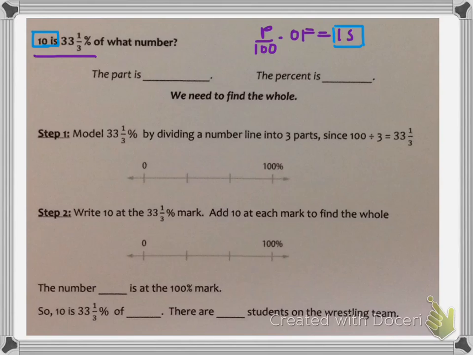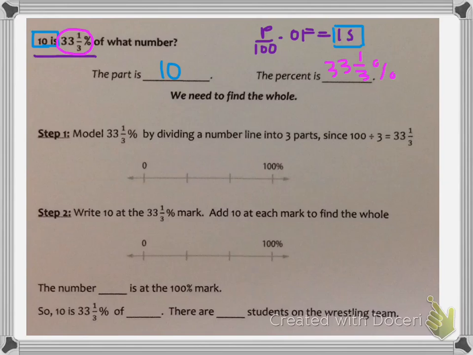And remember, it's represented by the word is. And if we look at our problem over here, it says 10 is. So I know 10 is the part. And then it says the percent is. Well, we can easily identify the percent because there's a percent sign there. So the percent is 33 1/3%. And again, we need to find the whole.